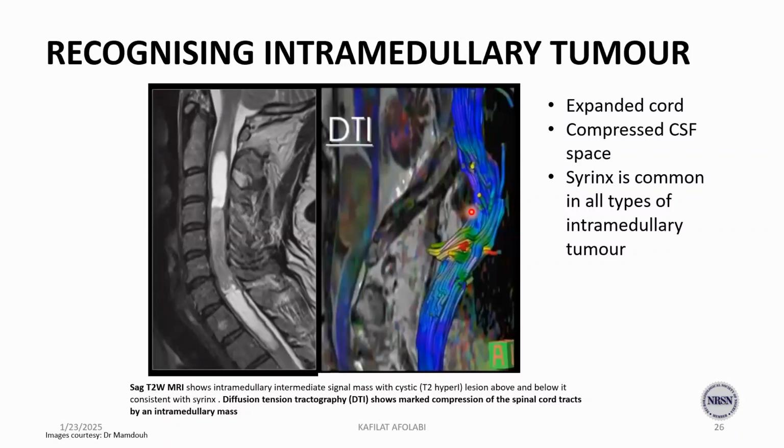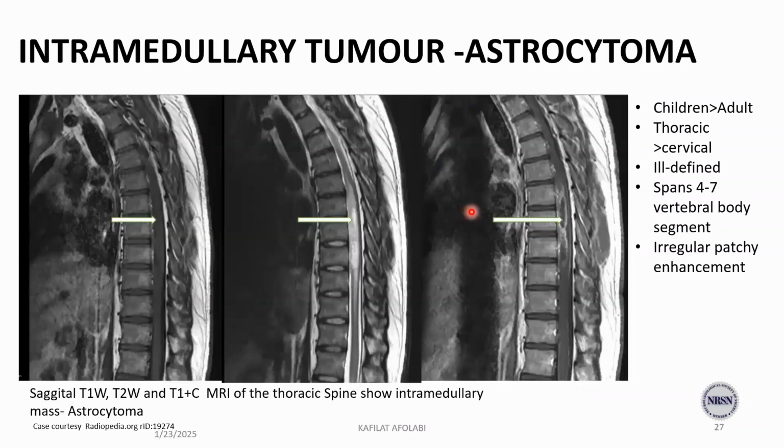So on DTI, the tracts of the spinal cord just go around. While astrocytoma, which is a diffusely infiltrative lesion, was reported to involve the fibers of the spinal cord on DTI, but this is an evolving field, and there's promise that DTI could discriminate between ependymoma and astrocytoma.